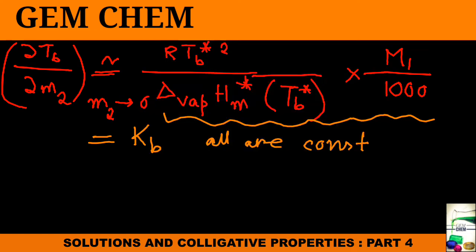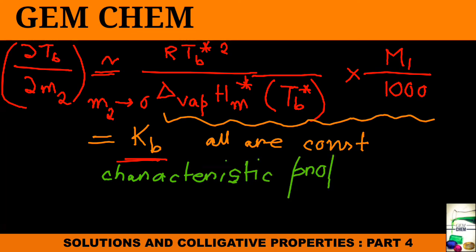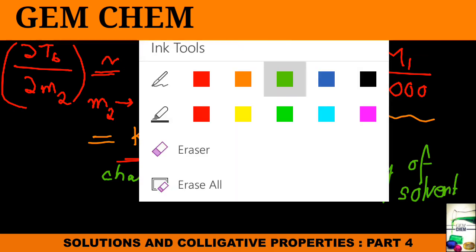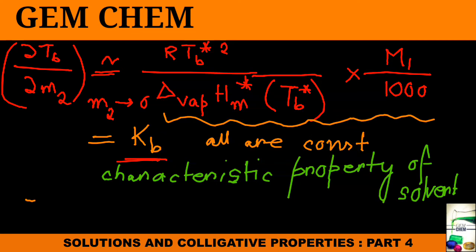So Kb which we have obtained is actually the characteristic property of solvent. And it has a particular name, which is ebullioscopic constant.